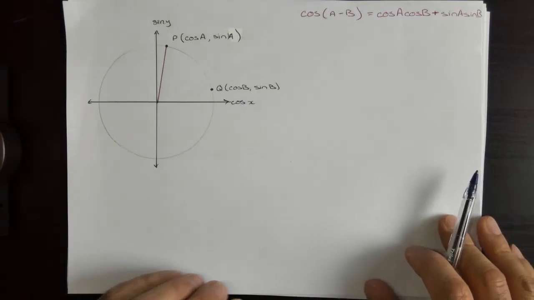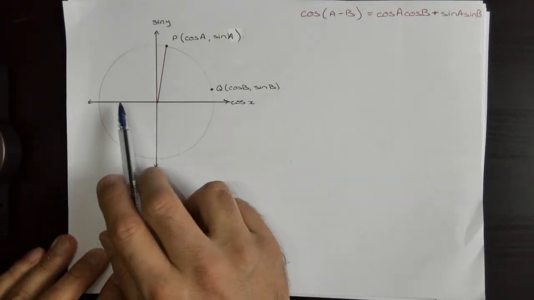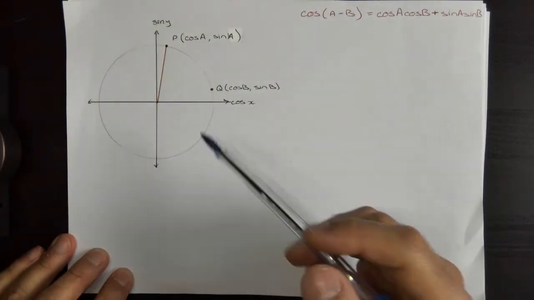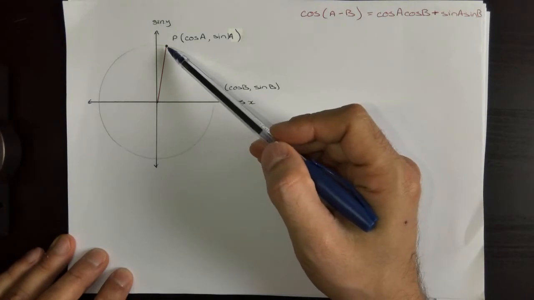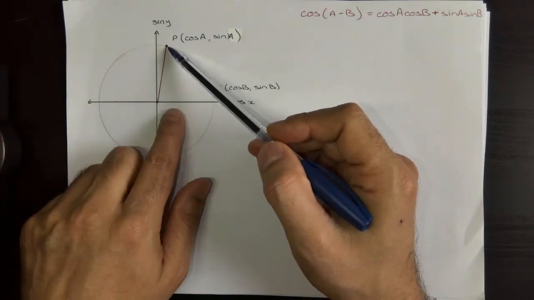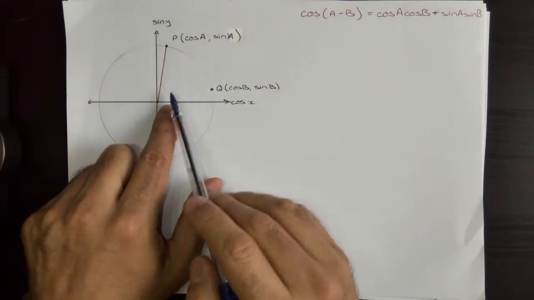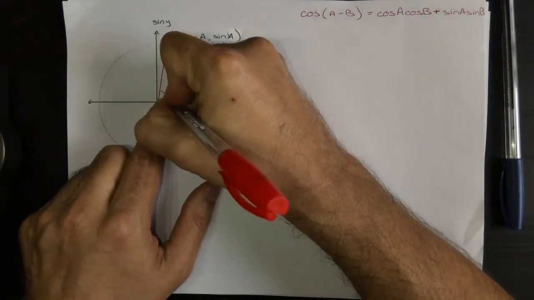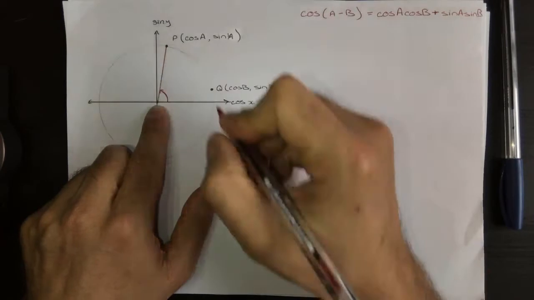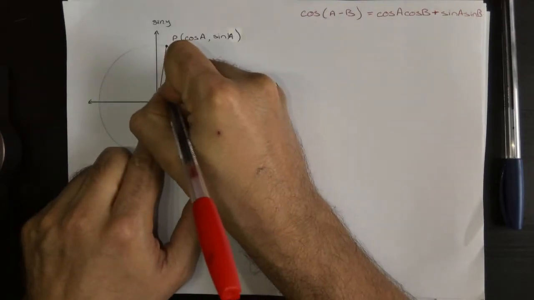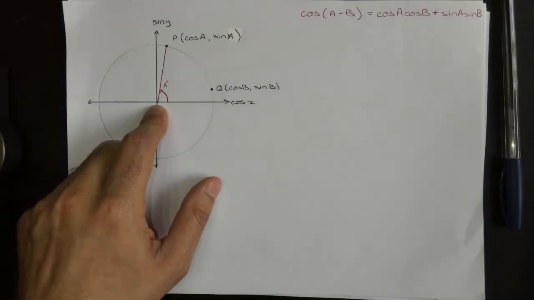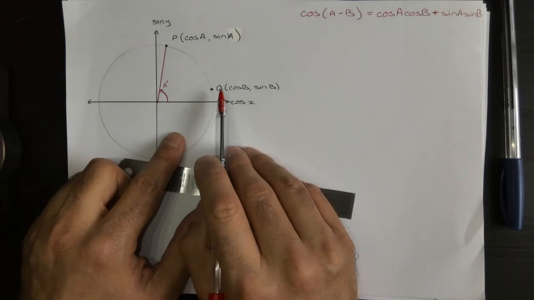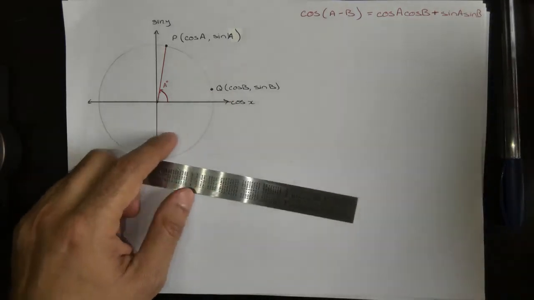Okay. So using the unit circle, we have the x-coordinate being cos x and the y-coordinate being sine y. If I have a point, let's say it's P, the coordinate is going to be cos A, sine A, and this angle here, let's call it angle A. If I have another point, let's call it Q, its coordinate is going to be cos B, sine B. Okay.